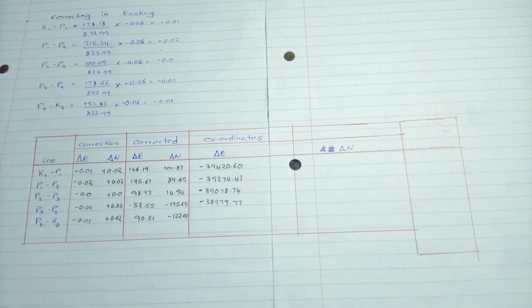So in the easting we'll start from K1, which we had been given. Then we add the values that we have from the corrected section of the table. So we'll add each value until we get our last corrected coordinate for all the northings and the eastings.